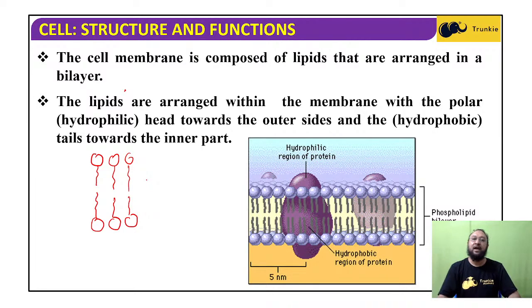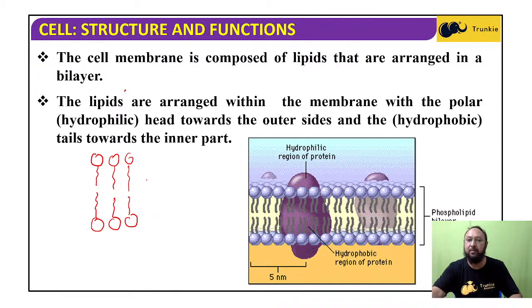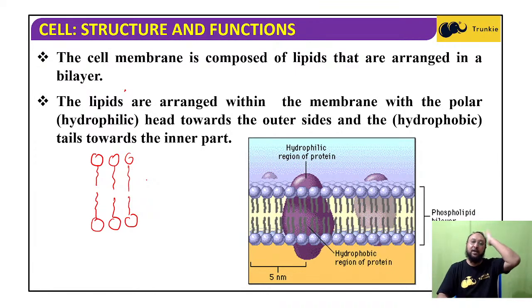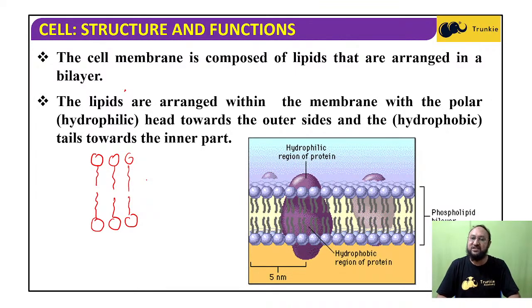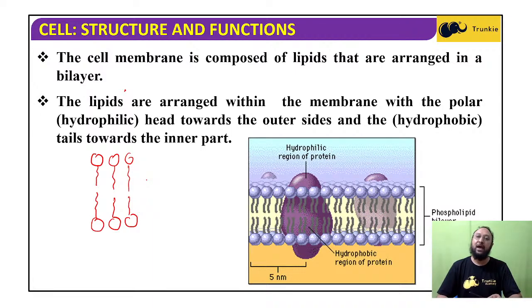You can see a protein that is moving within the membrane. This is called the phospholipid bilayer, because the lipid is a phospholipid, a type of lipid, and the two layers are present.